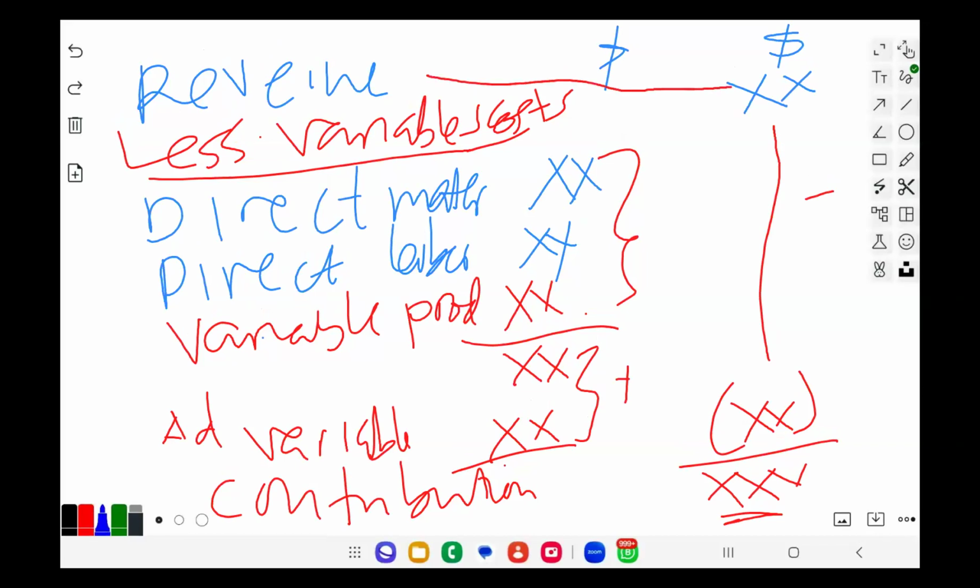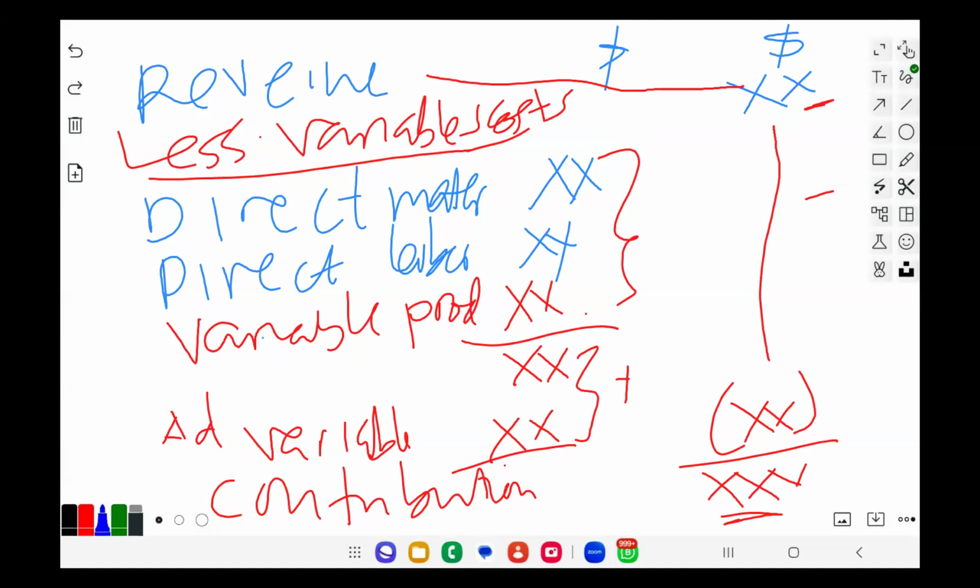You record revenue in the last column. Whatever revenue you are given in the question, record revenue or sales. However, most of the times revenue may not really be given as revenue. You may just be given the sales price and the quantity sold. So you have to multiply the sales price times the quantity sold. That will give you revenue, record in the last column.